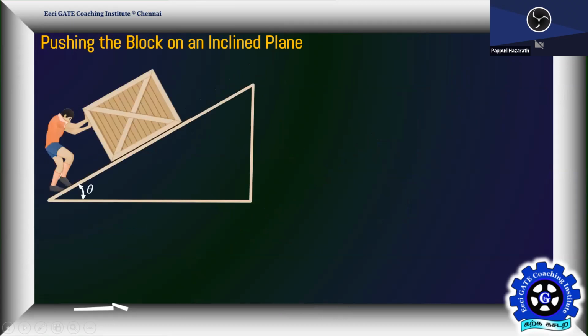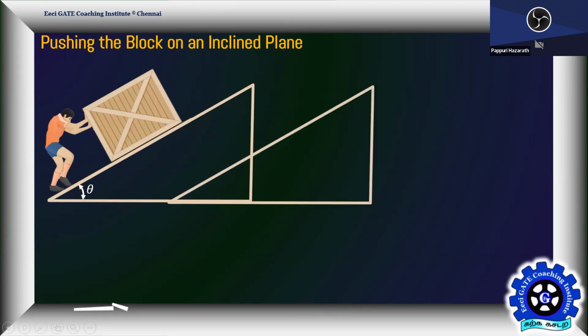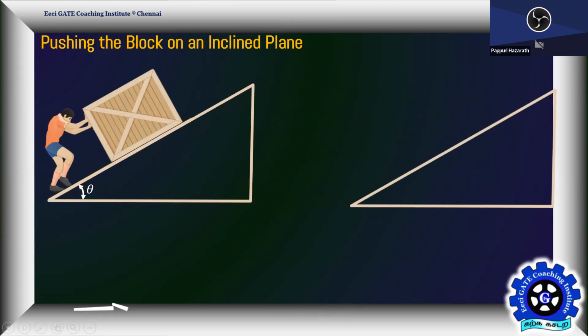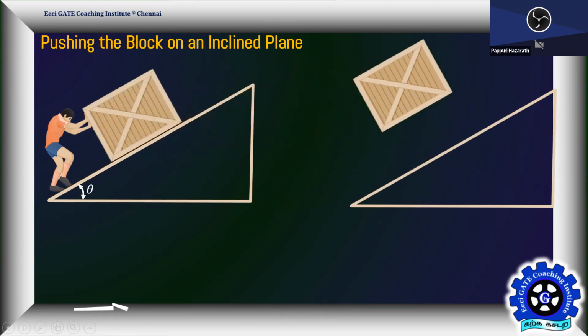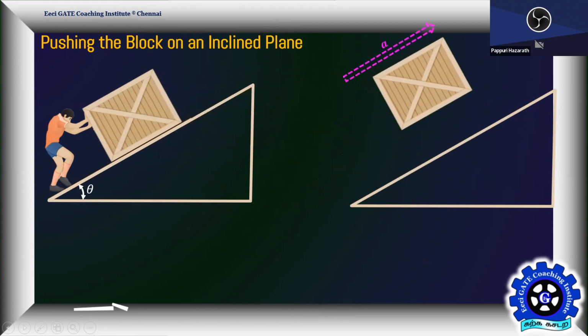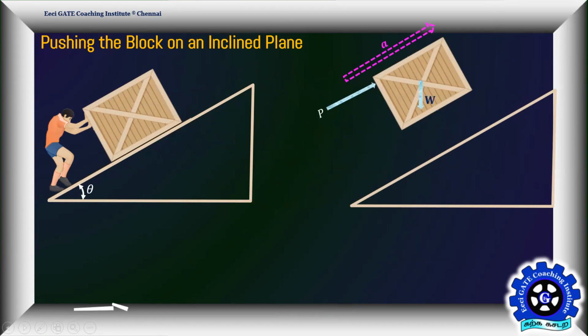Next, tell me what you have seen. Pushing the block on an inclined plane. In that case, observe, you are pushing the block. Weight always acts vertically downward. Next, normal reaction: at the contact surface, two normal reactions.